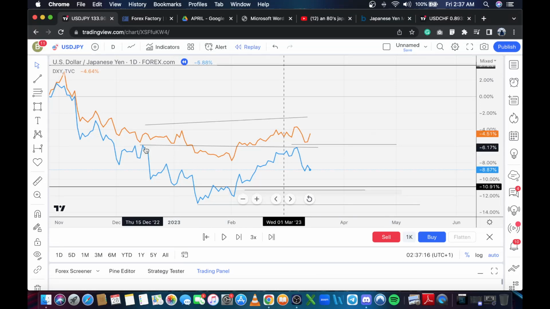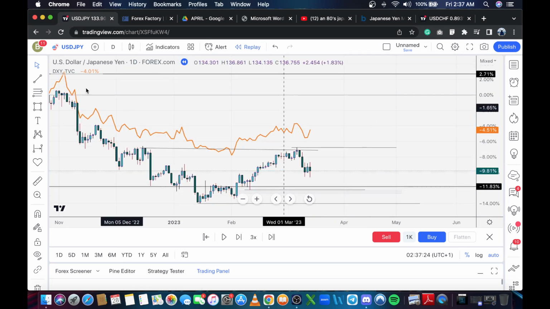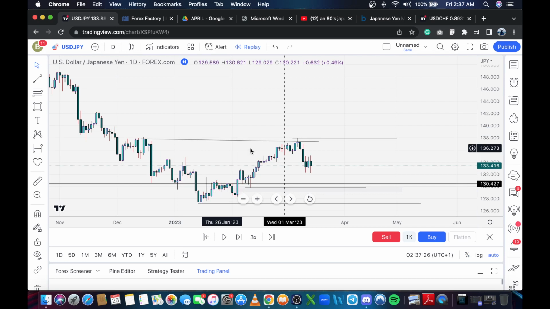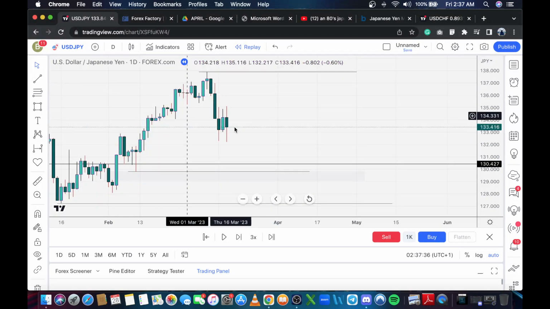You can see what I mean there. And just to get rid of this, we have a lack of confirmation of a breaking structure against dollar. So that means we could see a run for discount and sell side liquidity potentially too.